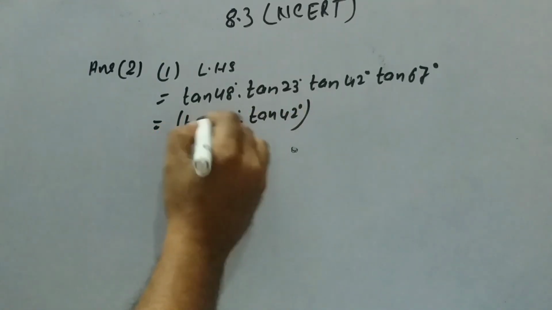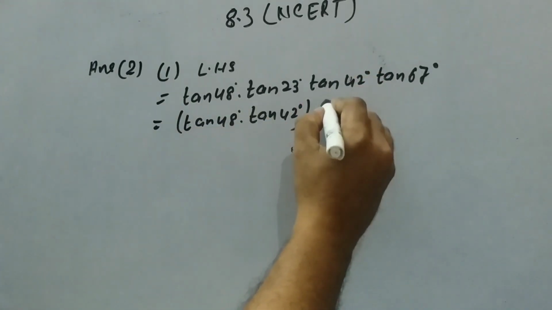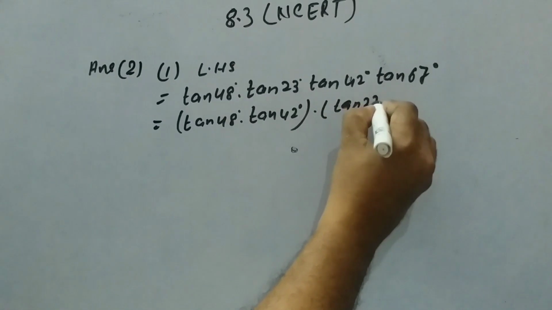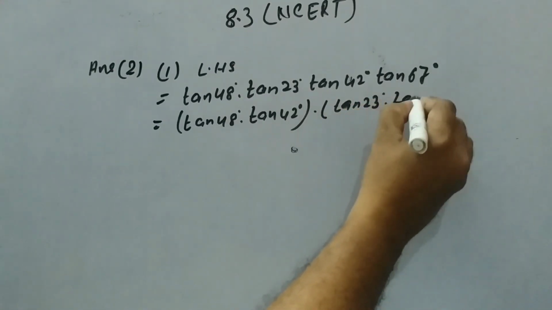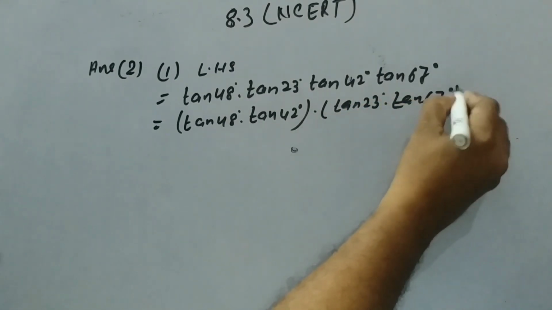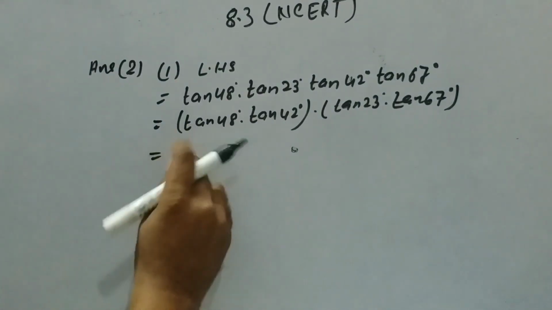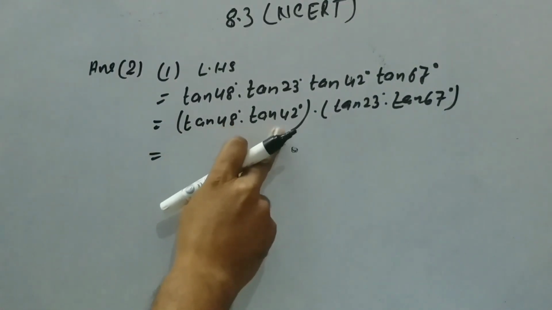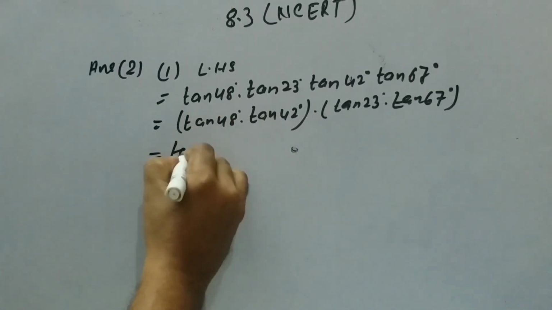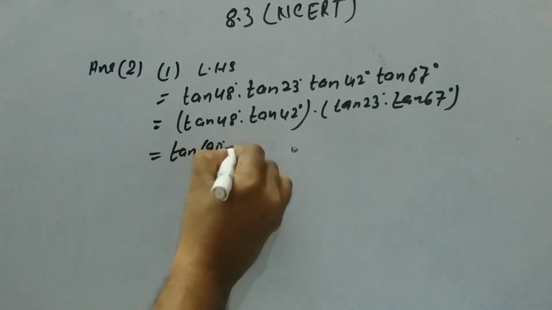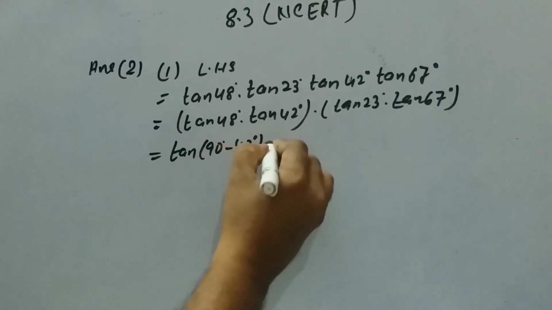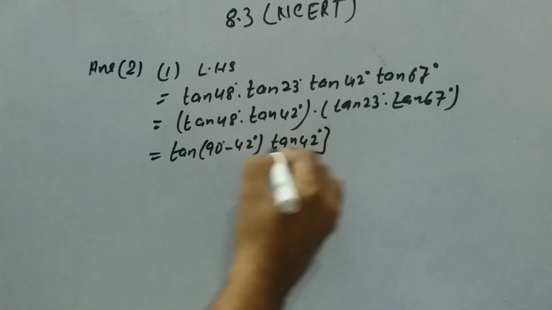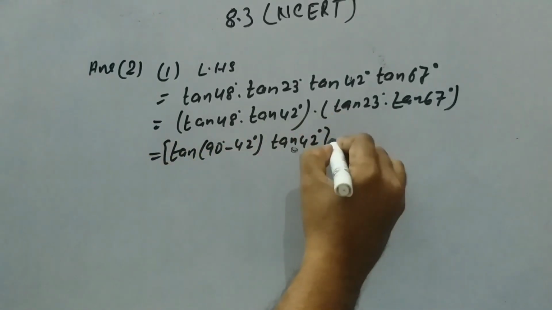You will associate these two together, and another two together also. tan 23 degree, tan 67 degree. Now, as usual, change any one angle in form of the other. So tan 42 degree is tan of 90 degree minus 42 degree, and we will write these terms as it is, and put a bracket here.